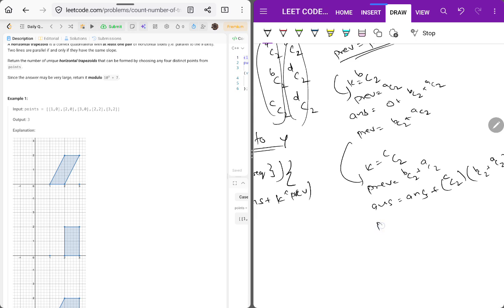Then we update the previous again, which will now be BC2 plus AC2 plus CC2.